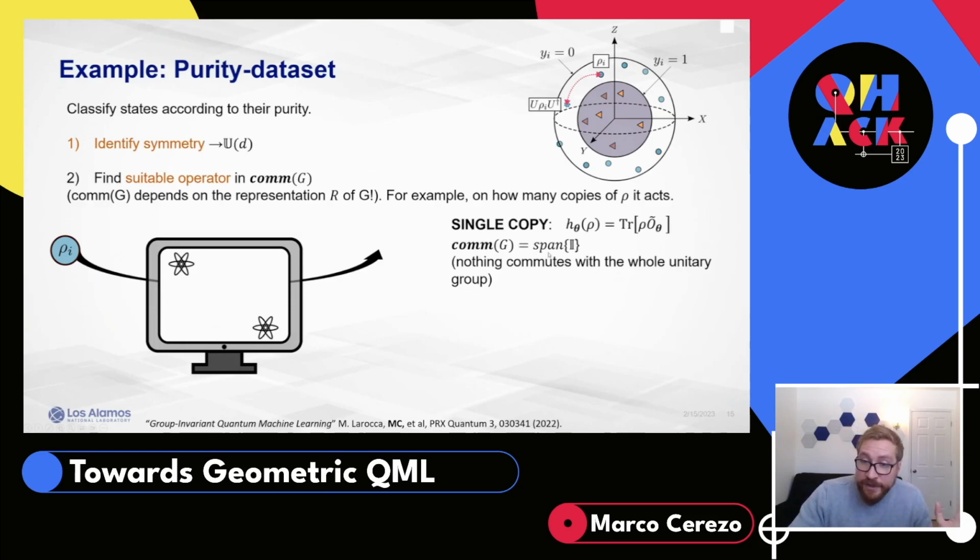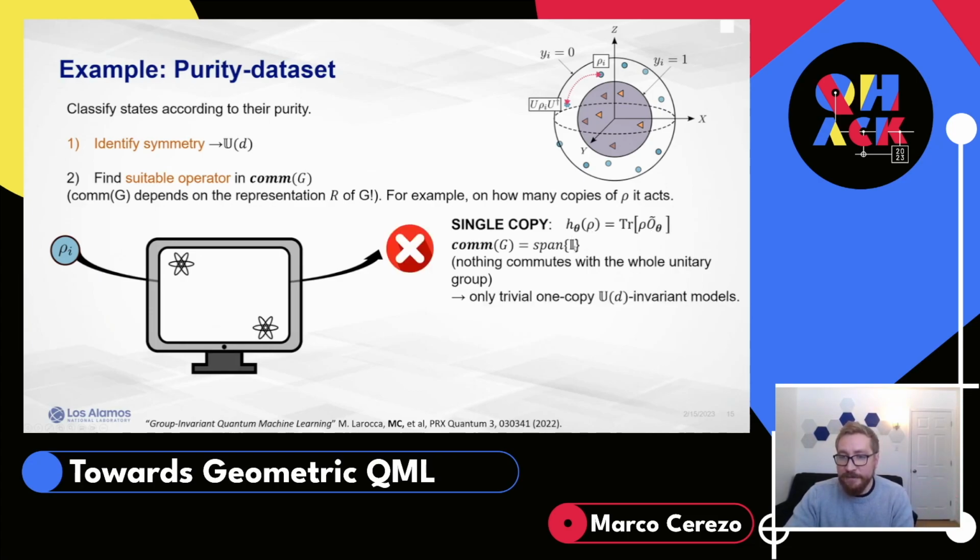In other words, you can try to find the matrices which commute with all the 2 times 2 unitaries, and you will find that only the identity does this. Now I need to pick this operator in here, but there's nothing that I can do, because if I take my measurement operator and replace it with the identity, I get the trace of rho, which is 1 for pure or mixed states. So that means that if I only use one copy and I find U invariant models, I cannot classify states.